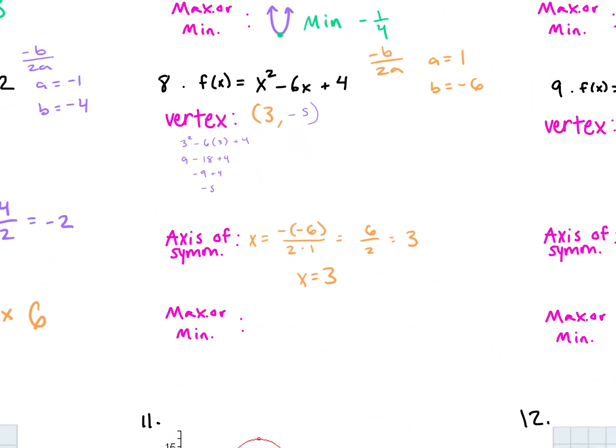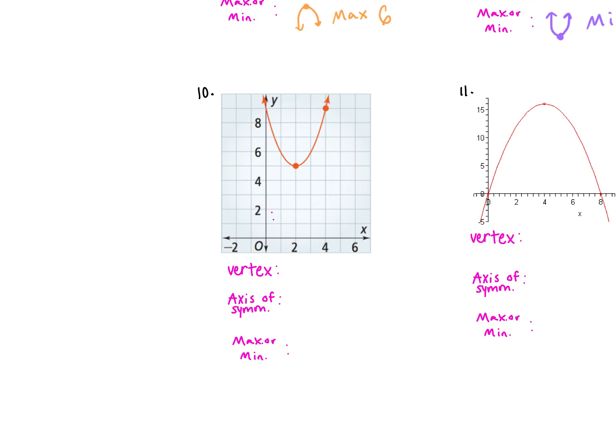Does my graph open up or open down? Opens up because a is positive. And is my vertex at the maximum or minimum? Minimum. And what's my minimum value? -5. So what's my vertex here? 2, 5. Awesome.